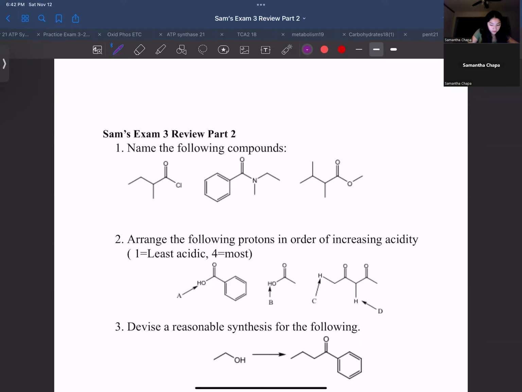What you're gonna do first is number your longest chain, as you always do, and start from the carbonyl. So 1, 2, 3, 4. So then I know I should have butane in the mix, right? And then I have a substituent on carbon number 2, so 2-methyl. That's another piece of our puzzle.